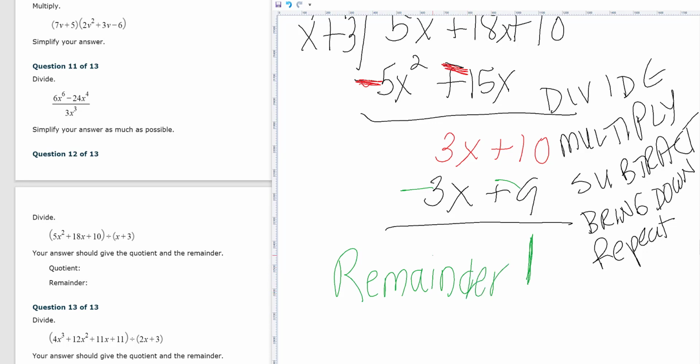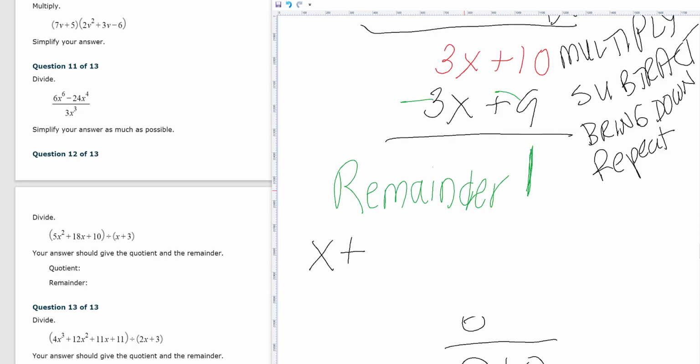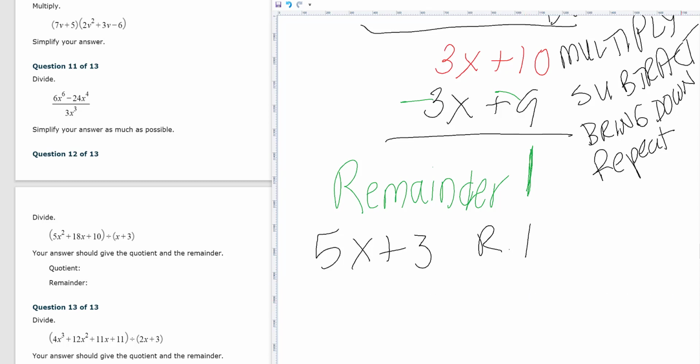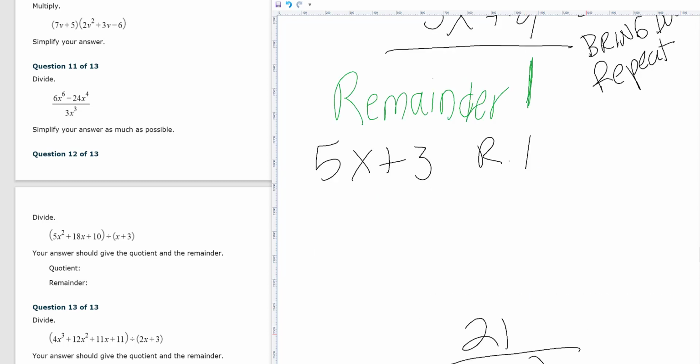Now the one I did a few minutes ago with numbers didn't have a remainder. The remainder was 0, so we didn't have to worry about that. So in ALEKS we would say that the answer is this top part, 5x plus 3, remainder 1, if they ask it that way, or you can also write it 5x plus 3 plus 1 over x plus 3.